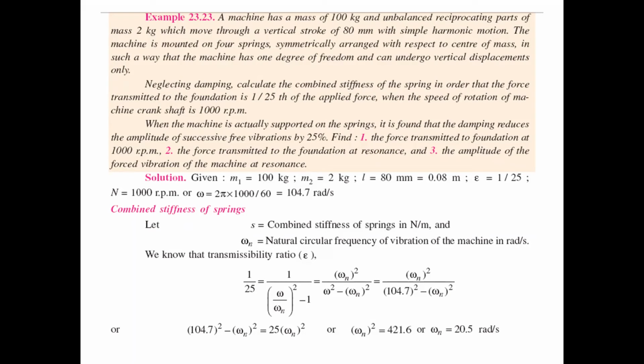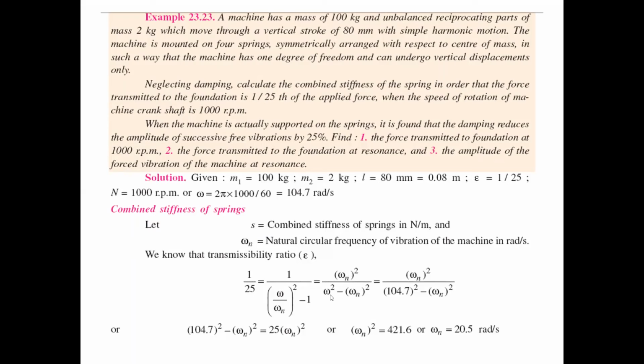Why? Because small e equals 1 by (omega by omega n) whole square minus 1, the formula from earlier. So e, which is 1 by 25, equals 1 by (omega by omega n) square minus 1.